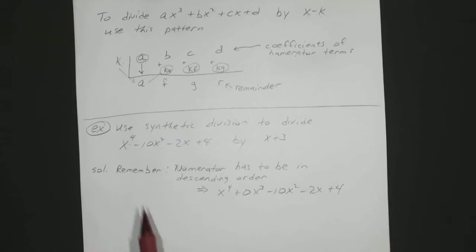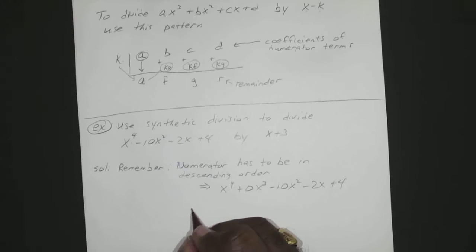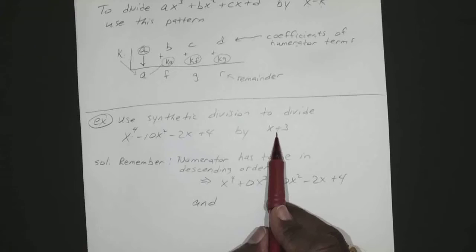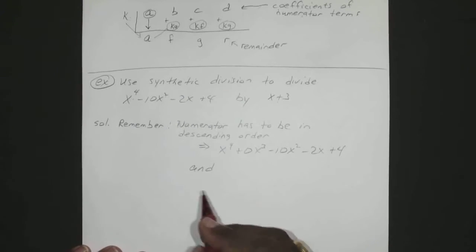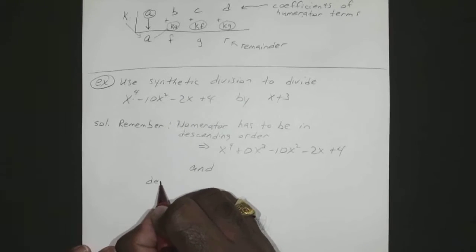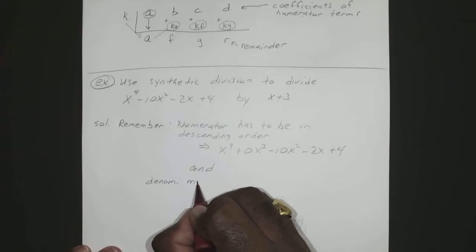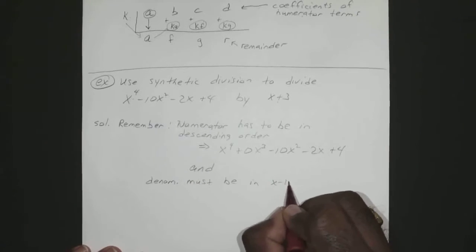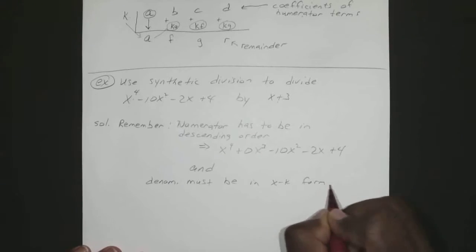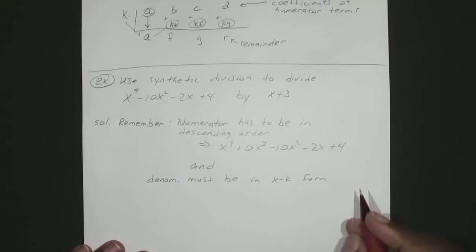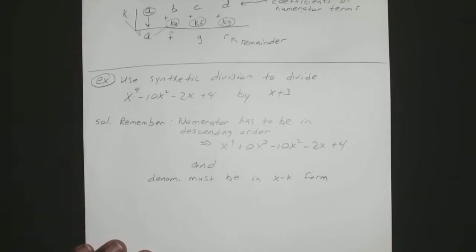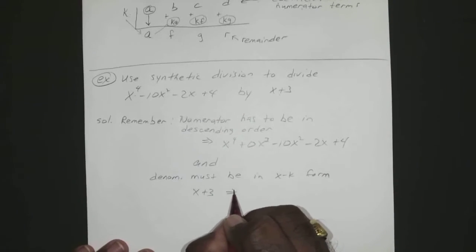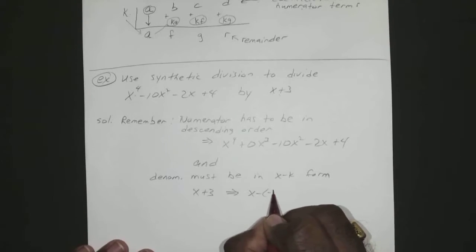Okay, so we already have that taken care of. And we also have to remember that it has to be in x minus k form. So the denominator must be in x minus k form. Let me clean that up a little bit. There we go. So that means x plus 3, you just have to rewrite that as x minus negative 3.